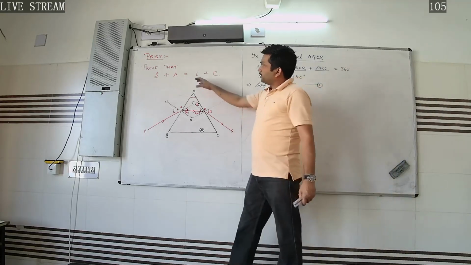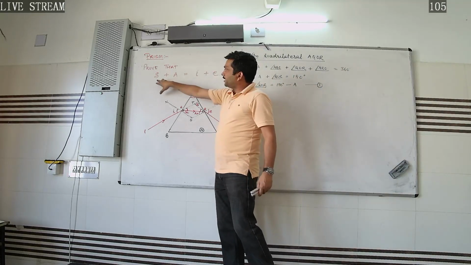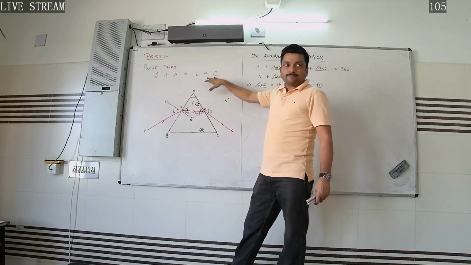Okay, so here we have to prove this relation, that delta plus A is equal to I plus E.